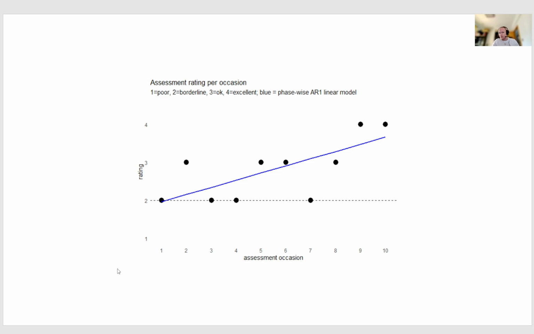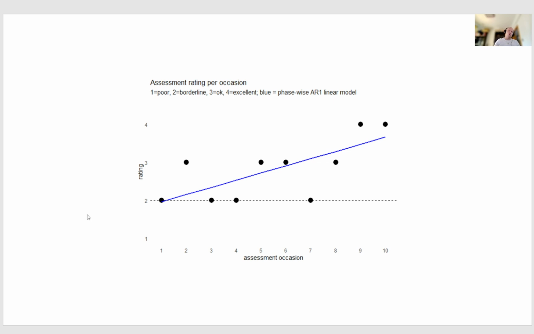First of all, that the measurement occasions or assessment occasions are equally distant, so there are equidistant time points, meaning the number of days between each two measurement points is constant, and also the difference between each two subsequent ratings is the same.